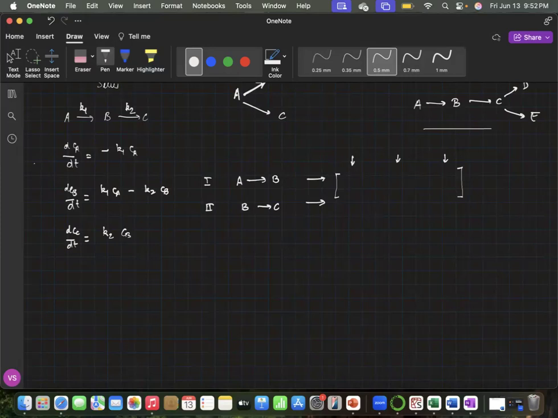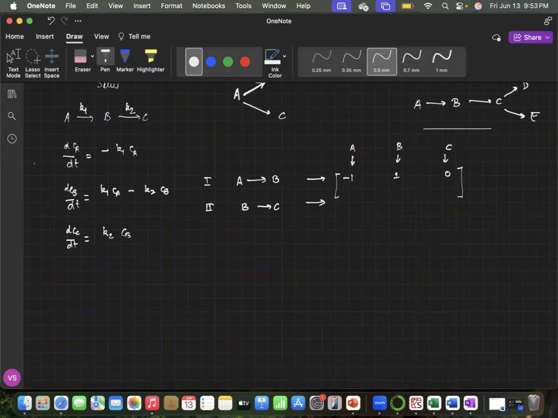So in the first reaction, the stoichiometric coefficient of A is 1, but since it is a reactant, this is -1, right? For B, because this represents A, this represents B, this represents C. So for B in the first reaction, we have 1 and there's no C, so it's going to be 0, right?